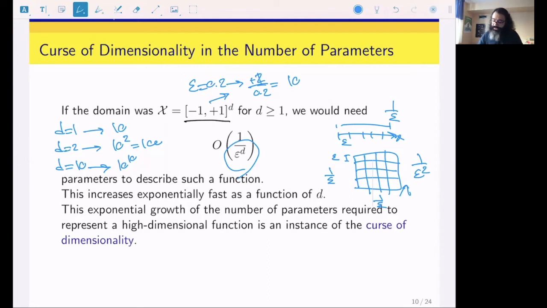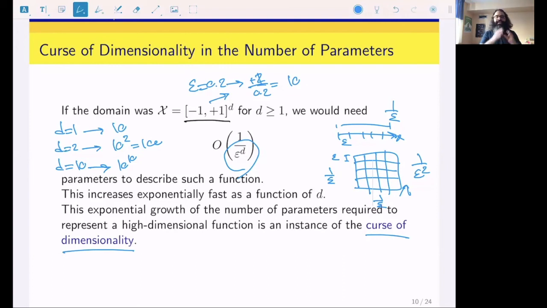So this is one example of the curse of dimensionality: if you use a function approximator that is very simple, like this piecewise constant, we need to have a lot of regions in order to represent it. And as soon as dimension increases, it becomes infeasible. And for examples like Fourier basis, if you want to do a Fourier basis, you can do it, but it has the same issue.